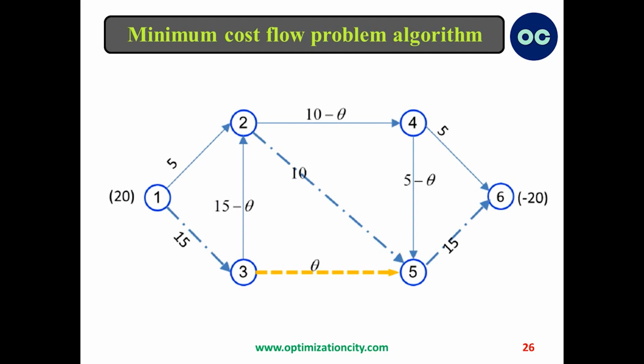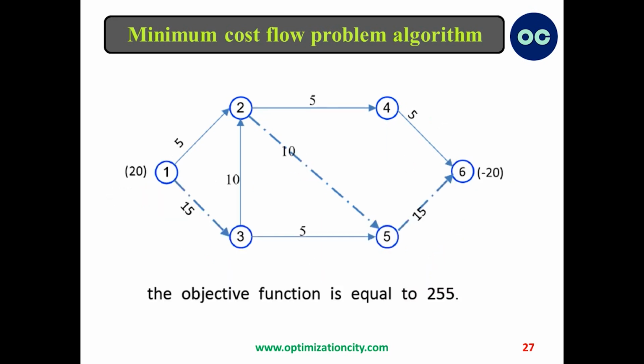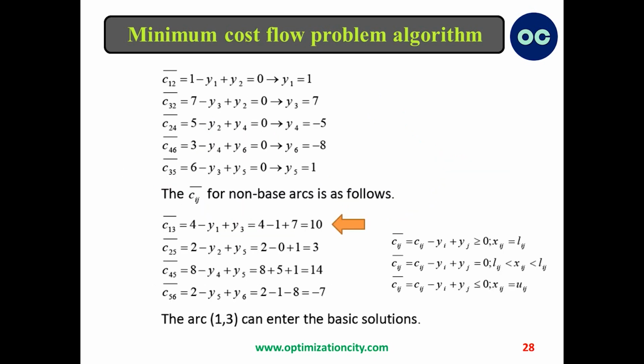As a result of this change, the current basic solution is as follows here. And in this solution, the objective function is equal to 255. Assuming y2 is equal to 0, we can calculate the yi values using the equation Cij minus yi plus yj is equal to 0 for all basic variables.